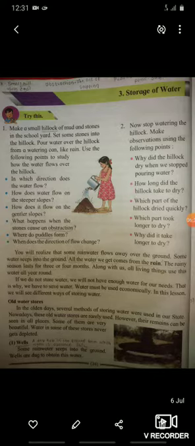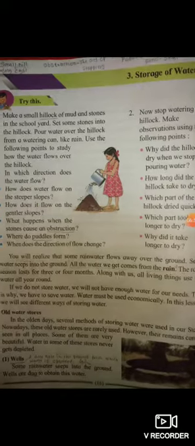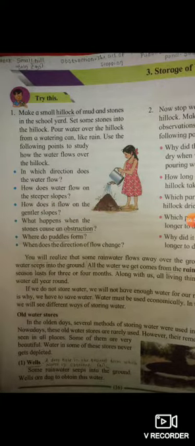In this lesson, we will see different ways of storing water. The name of this chapter is the storage of water. Specially we will see how to store water, or different ways of storing water. First, old water stores.